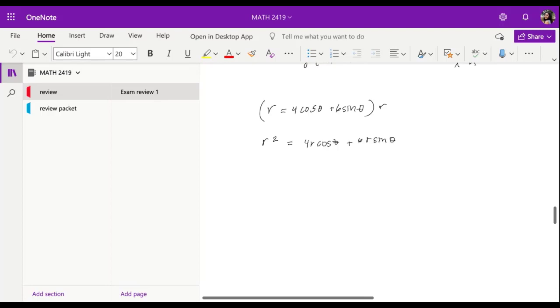And so now we can start plugging in the equations that we know. For r squared, our equation that we used earlier is x squared plus y squared. And for 4r cosine theta, we have r cosine theta, which is equal to x, so we can do 4x. And then for r sine theta, we have y, so we can do 6y.